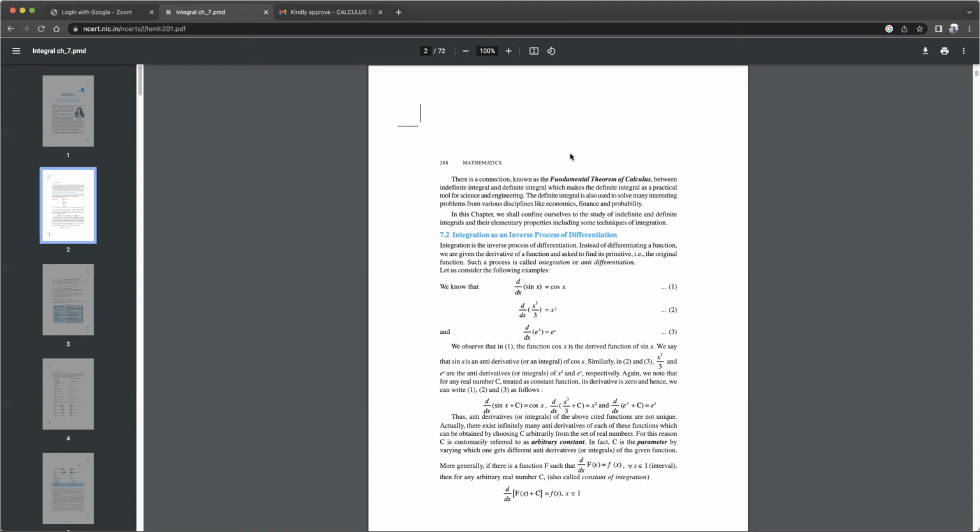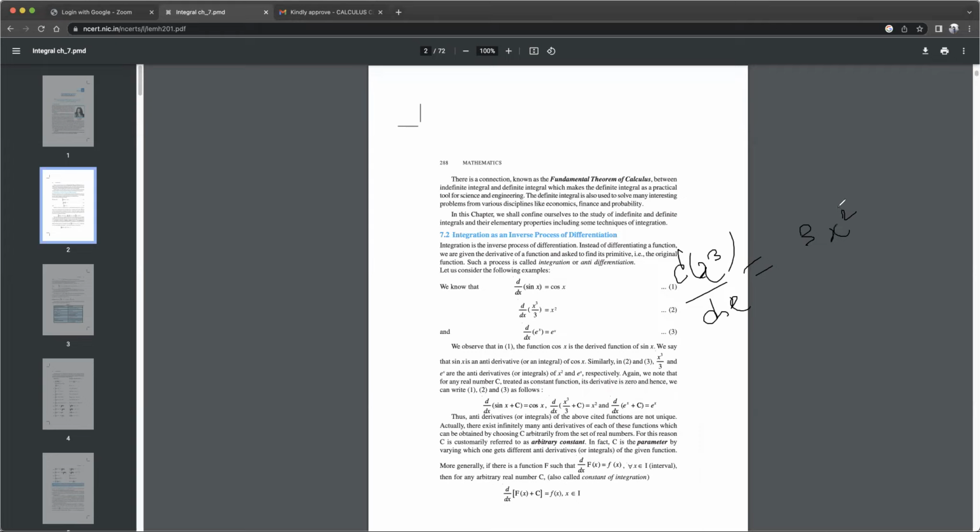Similarly, there are some other examples like x cubed by 3, which becomes x squared. And here, if I'm able to annotate, I'll actually explain how they got x cubed by 3. Here in this question, we know from differentiation that the differential of x cubed, d of x cubed by dx, is equal to 3x squared.